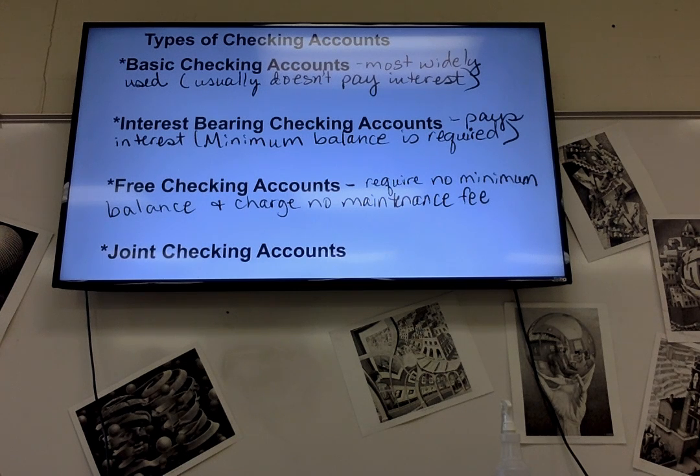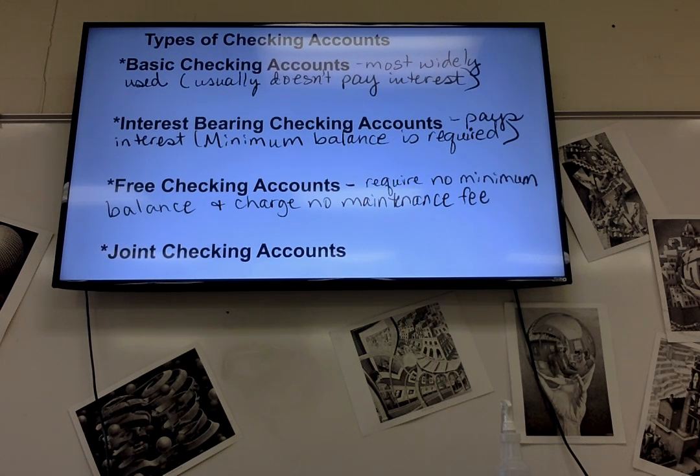And then the last type of checking account on this page that we're going to talk about are joint checking accounts. These are obviously accounts owned by more than one person. Not all, but a lot of married people have a joint checking account. So the checks and the transactions can be made by both people.